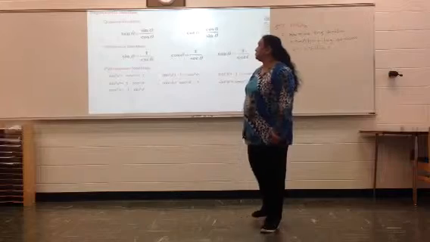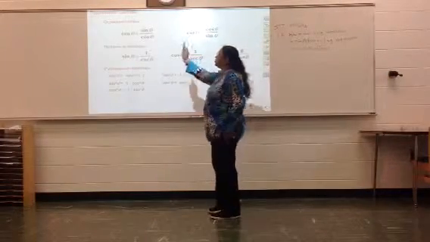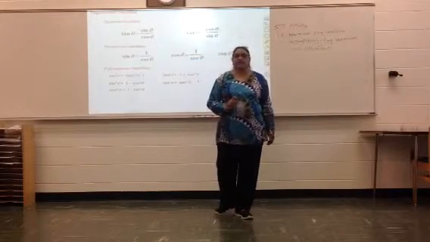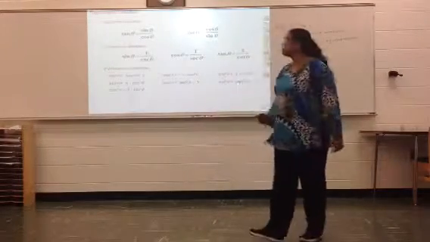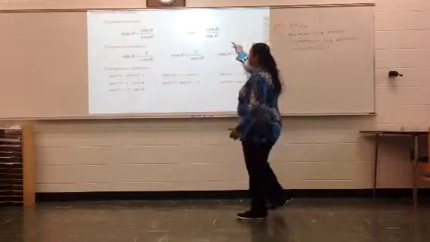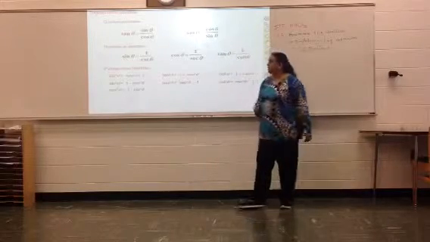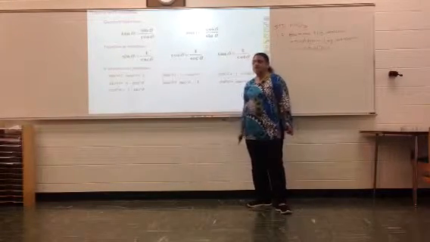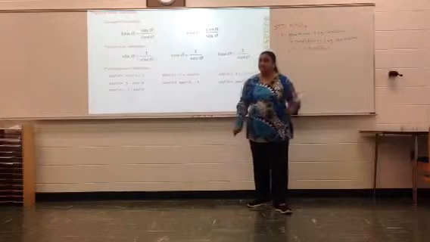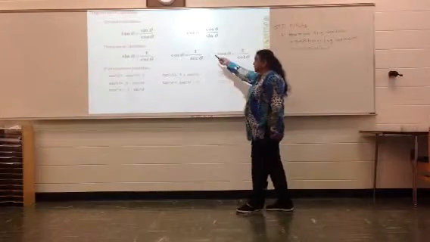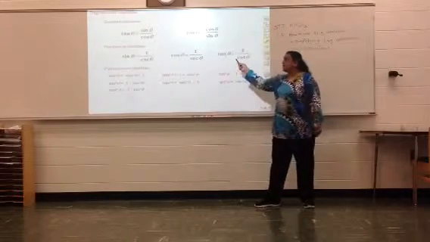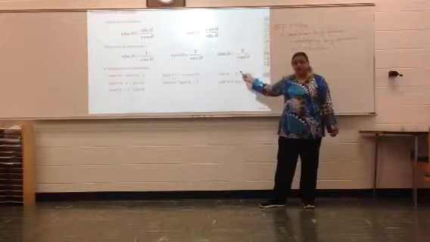Okay? Now, as we know, in the quotient identities, tan theta is nothing but sin theta over cos theta. And we also know that cot theta is cos theta over sin theta. And in reciprocal identities, we have seen that sin theta is 1 over cosecant theta, and cos theta is 1 over secant theta, and then tan theta is 1 over cot theta.